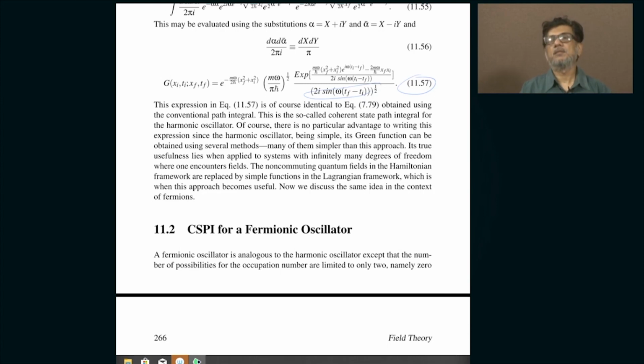And lastly I studied the classical counterpart of a dagger a plus half times h bar omega.